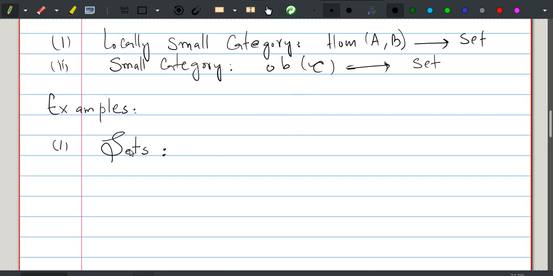This is an important category because had we taken C to be the set of sets, the set of all sets, that would lead us to Russell's paradox. So to take care of Russell's paradox, we need the category of sets.